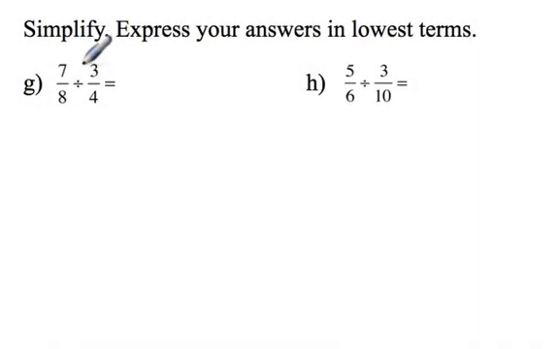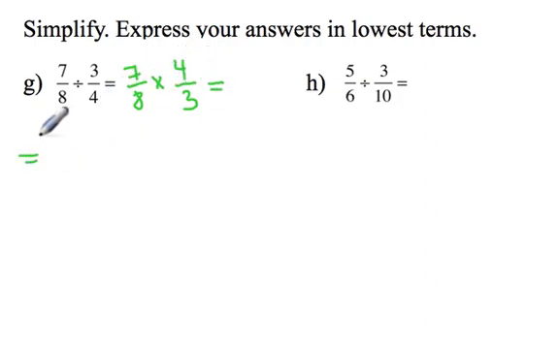Here we have to divide two fractions, and when we divide two fractions, we actually try to turn it into multiplication. The way we do it in math is we flip the second fraction, or the one that you divide by. In other words, you write it as a reciprocal. So if I want to write it as multiplication, instead of 3/4, I can multiply by 4/3. So I can either divide by 3/4 or multiply by 4/3.